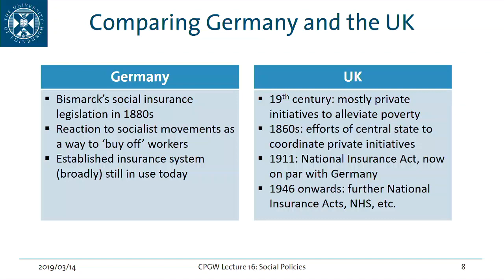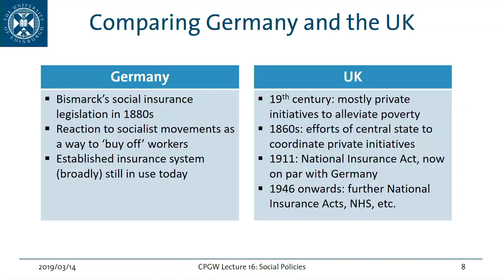But the idea was still very much that this wasn't something the state was supposed to do, but something society had to take care of itself. Think of it as a charitable initiative. We do this out of the goodness of our hearts, not because these poor people have rights or the state has responsibilities towards them.